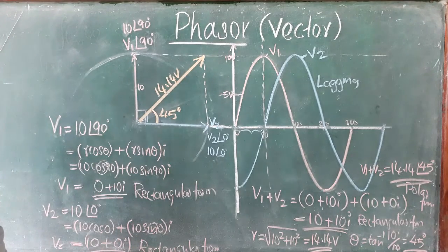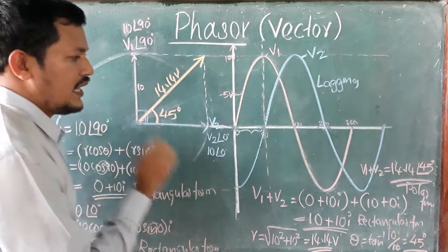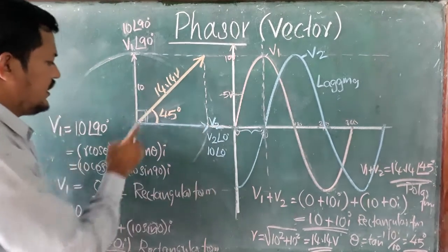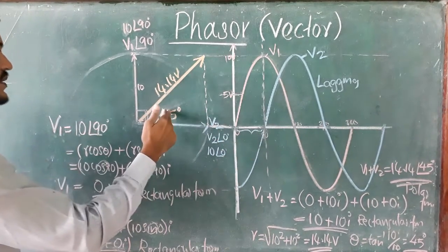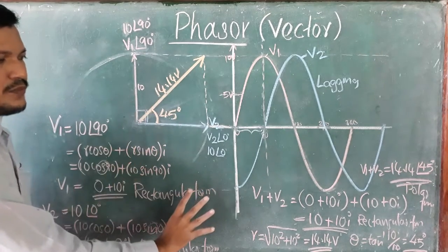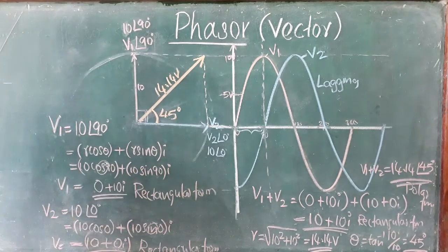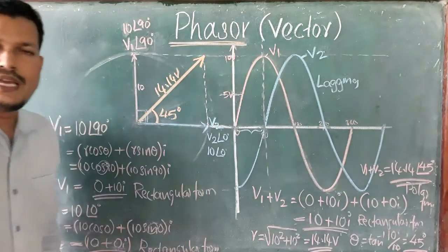This is a method to find two voltages added. To calculate very easily, we converted the alternating quantity values into phasors. Phasors look like polar form, so we did the addition in complex format. This is the advantage of phasors: they give simple calculation.